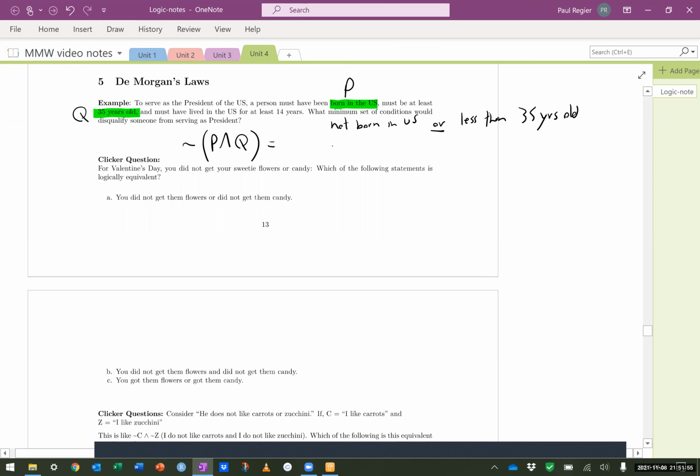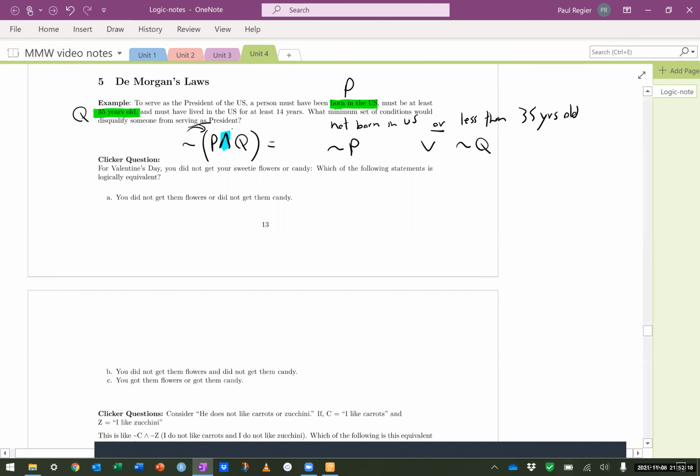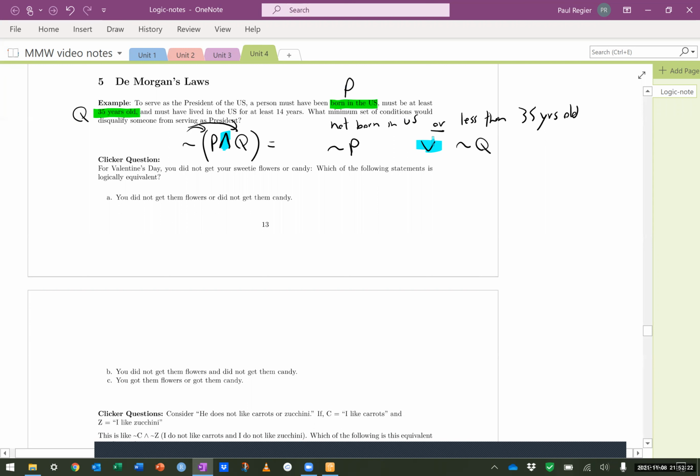Not born in the US is not P, or not less than 35 years is not Q. Isn't that interesting? To negate the and statement, in a sense, we're distributing the negation to these two statements. The and becomes an or.